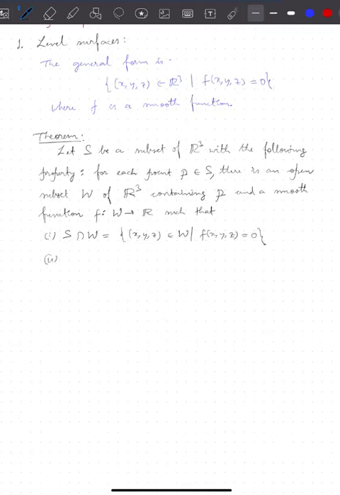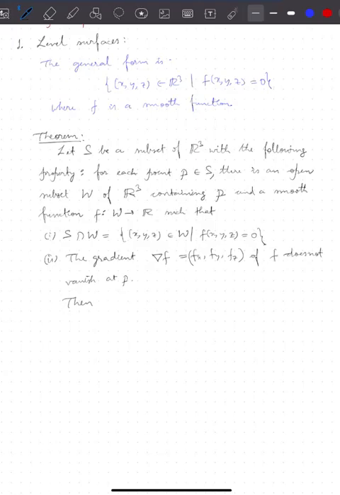And number 2, the gradient of F, which is (Fx, Fy, Fz), where x, y and z are the subscripts of F, and the gradient of F does not vanish at P vector.